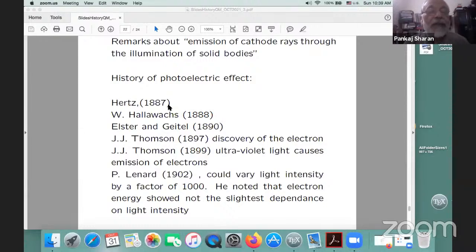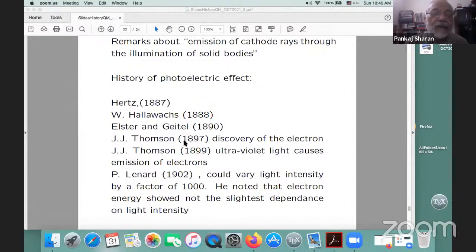Then he discovered that sometimes extra sparks were produced, and the reason was that electrons were coming out in number because of the light. So the photoelectric effect was a side phenomenon which Hertz had noticed, and Hallwachs also noticed it. And there are two high school teachers, Elster and Geitel, who also noted this phenomenon in 1890.